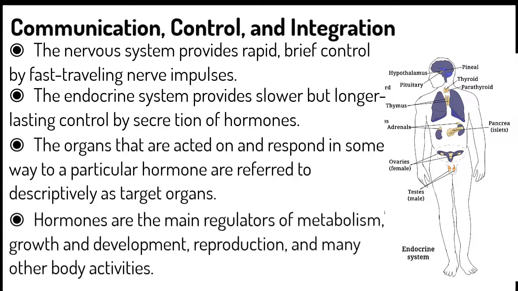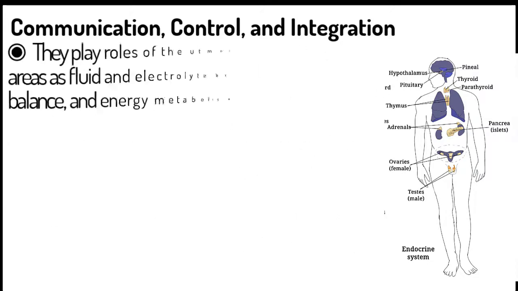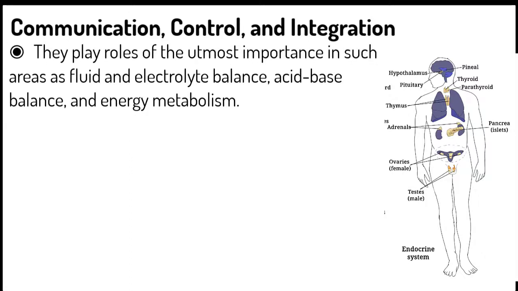Hormones are the main regulator of metabolism, growth, and development, reproduction, and many other body activities. They play roles of the utmost importance in such areas as fluid and electrolyte balance, acid-base balance, and energy metabolism.